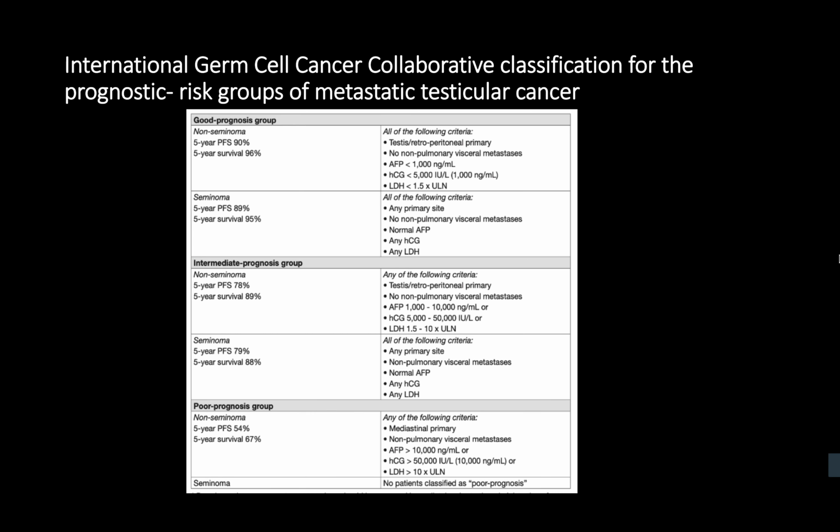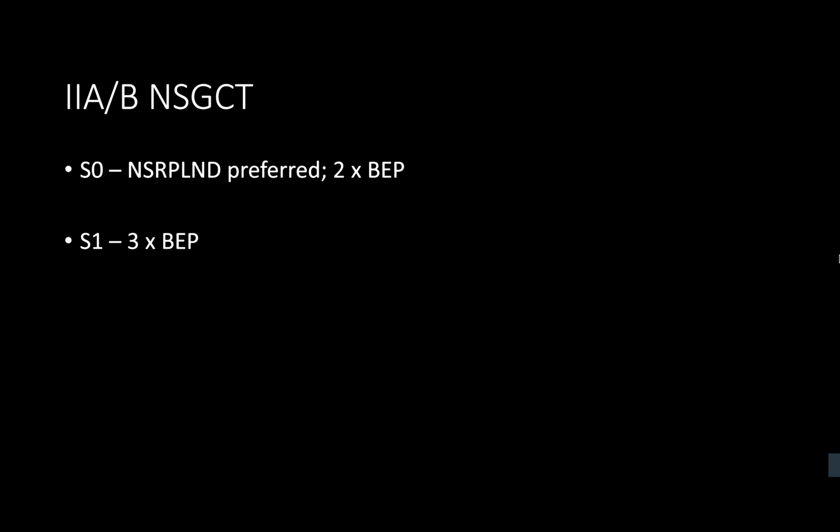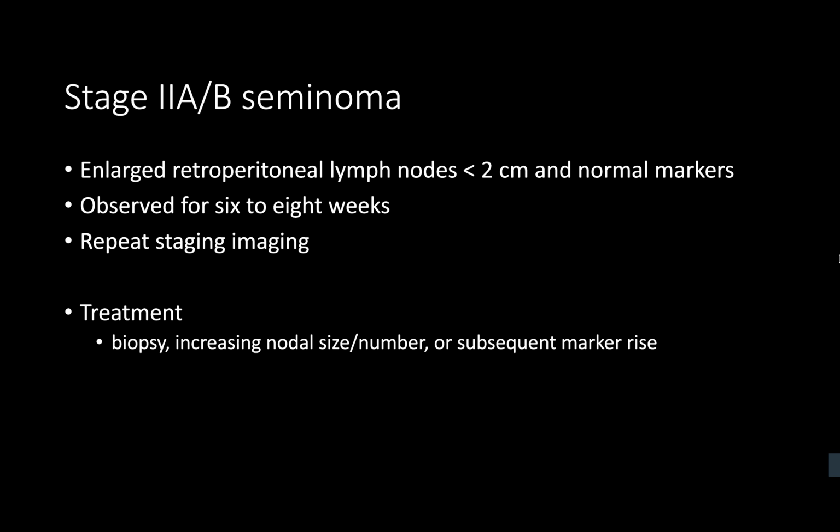One difference is that the IGCCG risk stratification is mainly used for metastatic disease and also for stage 2C. For stage 2A and 2B, we give treatment based on the evidence, but from stage 2C, we will give it based on the prognostic group classification.